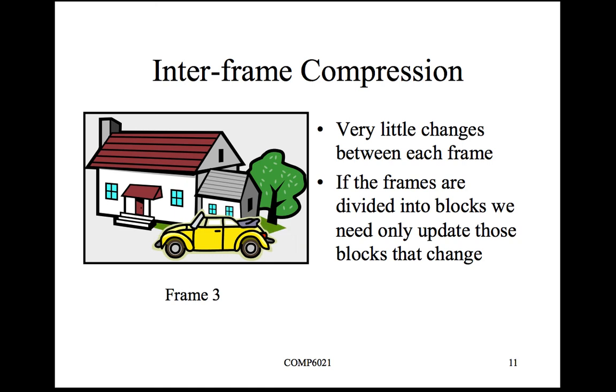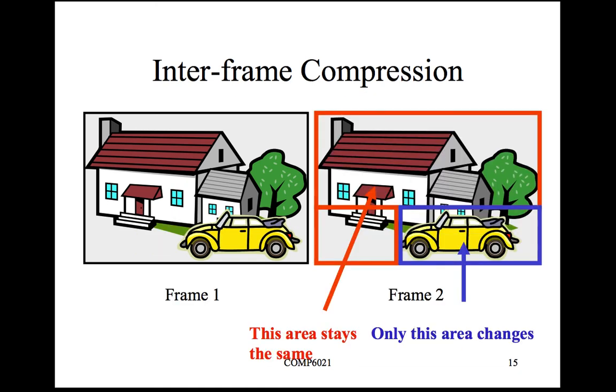So you send frame 1, you say, for frame 2, you've already got this part here, so just copy and paste that in and you're good to go. So we're constructing frame 2 by reusing parts of frame 1. And then only for the parts that we can't reuse do we send the information that's needed.